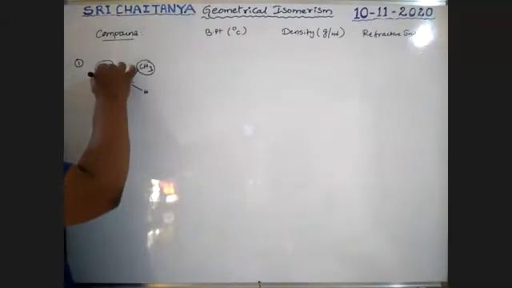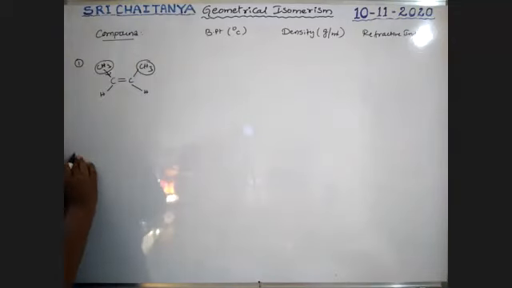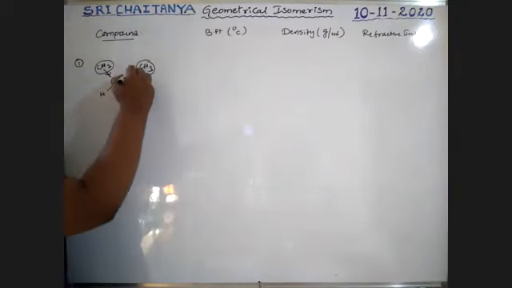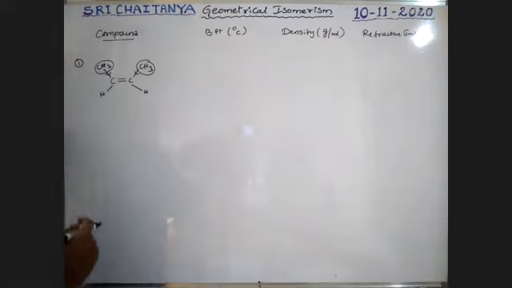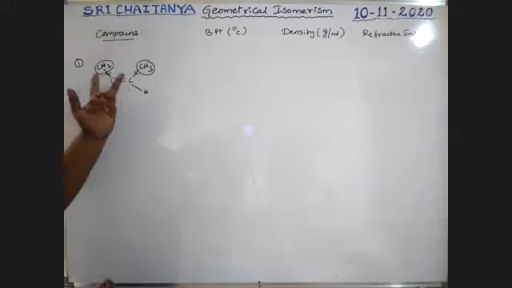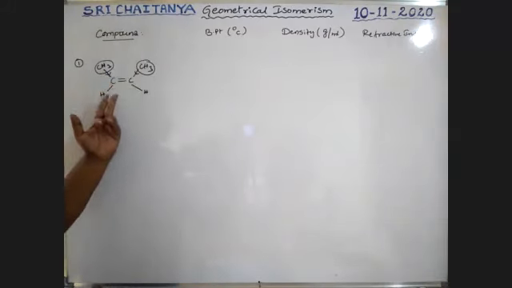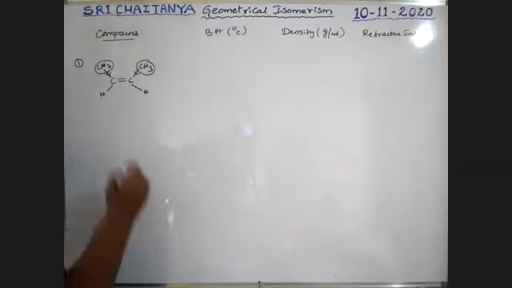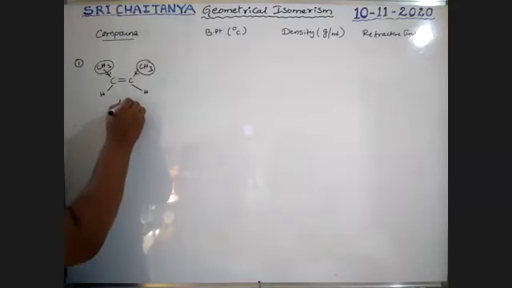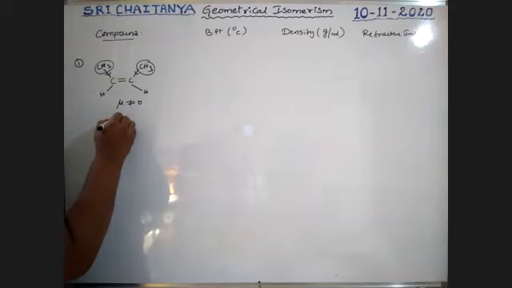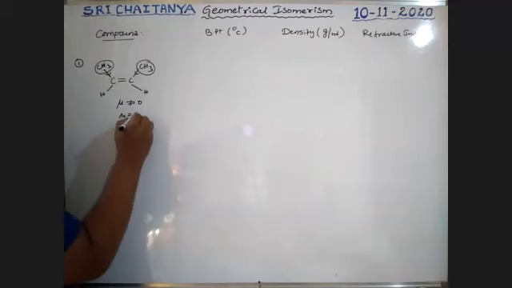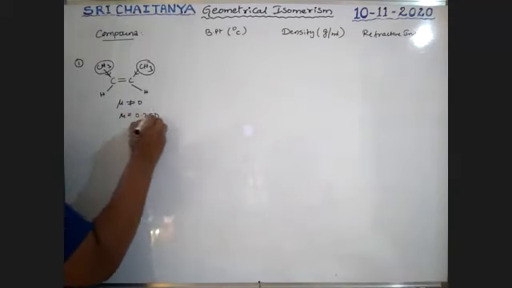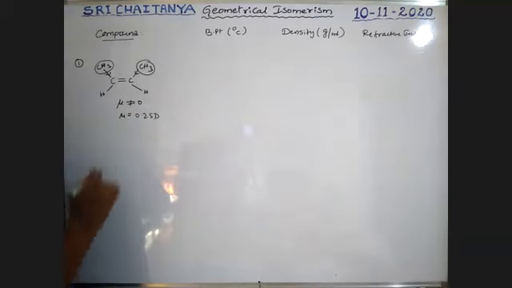That means the bond pair is pushed toward this carbon, and these two effects are in almost the same direction. So the dipole moment value mu is not equal to 0. Here mu is equal to 0.25 D.